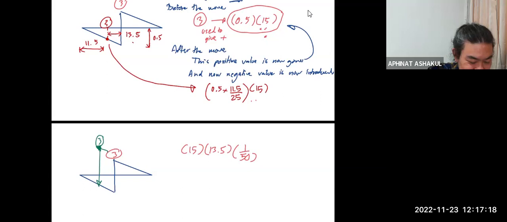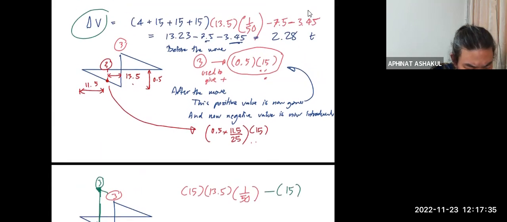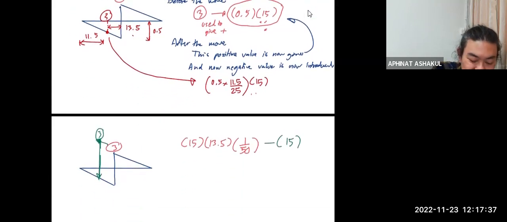So the change from here to here is simply equal to the load itself, which is hopefully 50, minus 1, because this is 1, right?